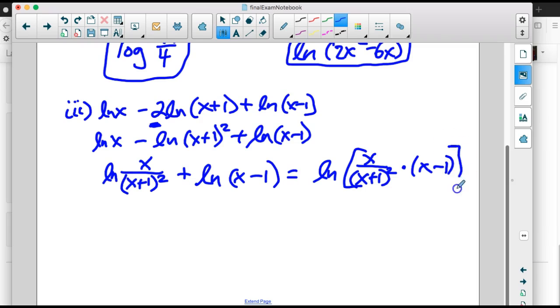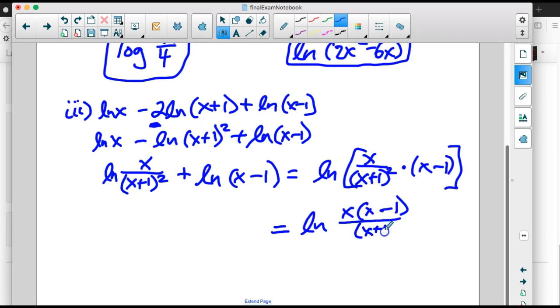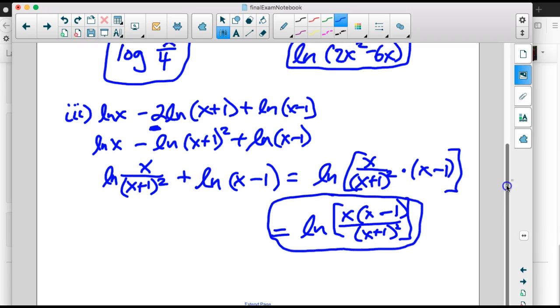And we would put that in the numerator and write it as ln of x times x minus 1 over x plus 1 squared. So that would be our single logarithm in problem A sub 3.